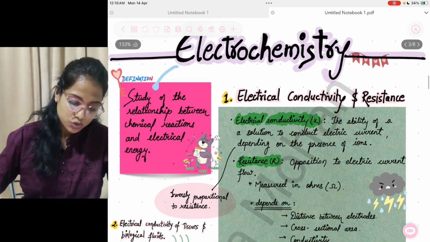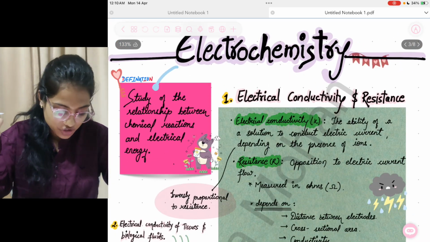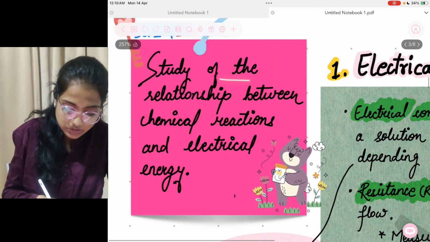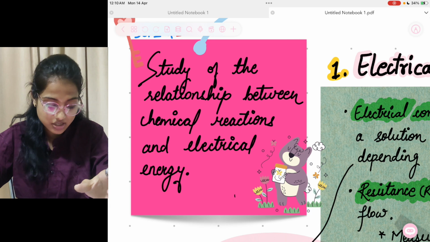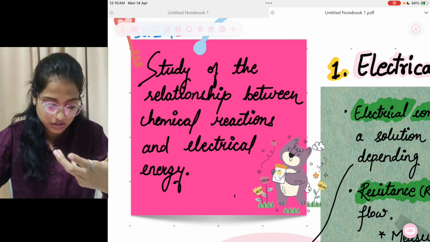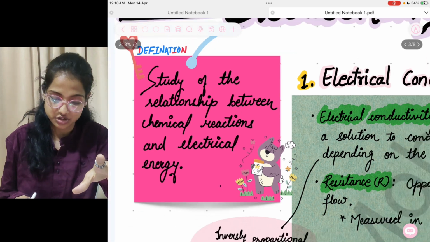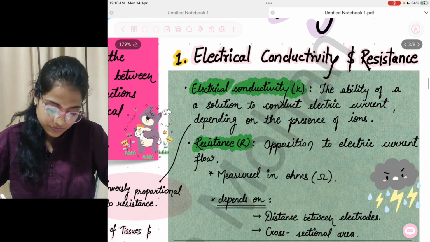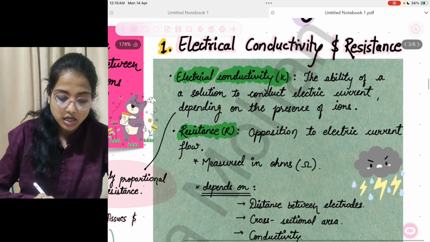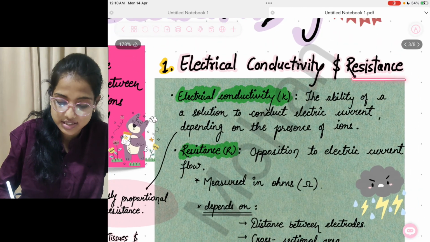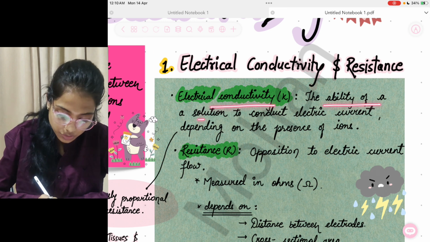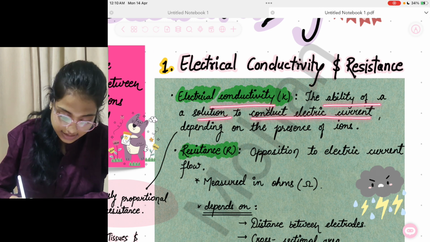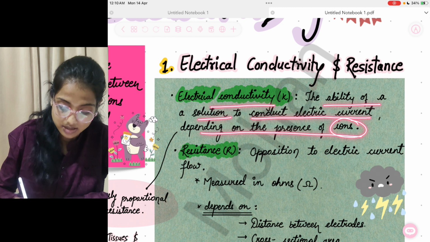Okay, so first of all we will go for the definition, that is the study of the relationship between chemical reactions and the electrical energy. First, what is electrical conductivity and resistance? Electrical conductivity is the ability of the solution to conduct electrical current depending on the presence of ions.